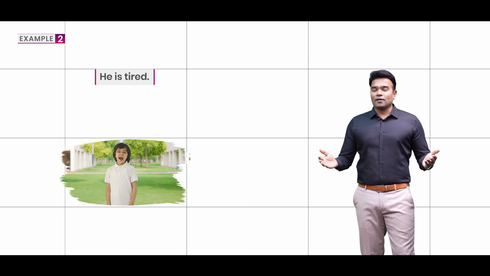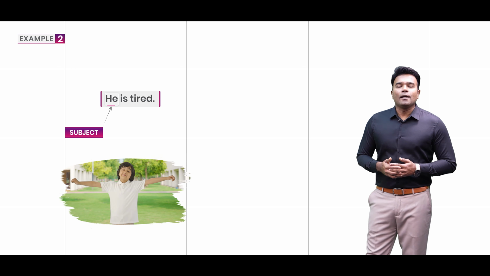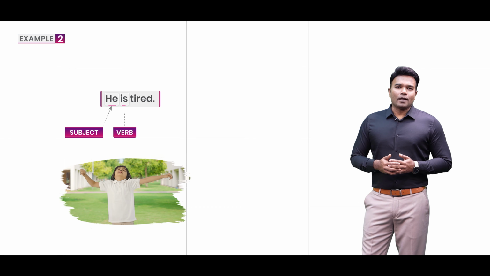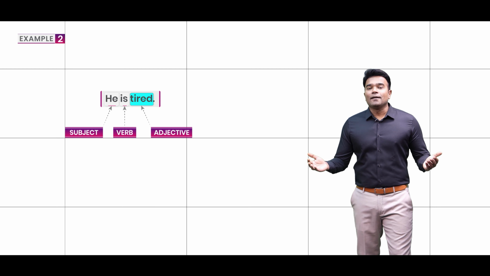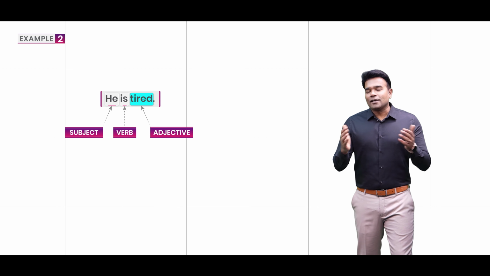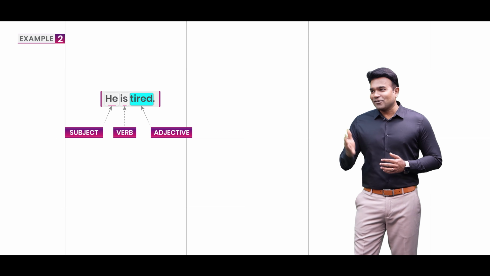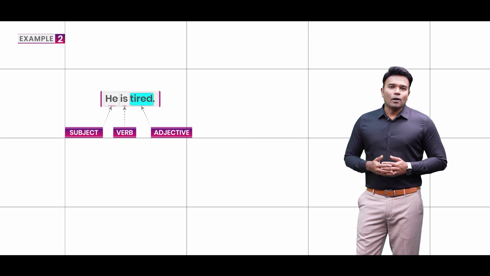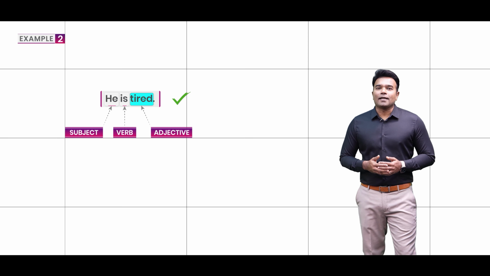Anyway, let me give you another example. He is tired. Well, in this sentence, he is the subject, is is the verb, and tired is the adjective in the sentence. Again, adjective is the next part of speech that you would be learning in this video series. But at this point, what I want you to understand is that he is tired is a valid English sentence.